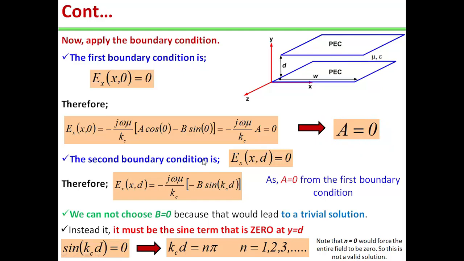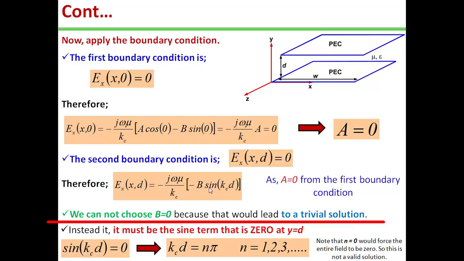Now we will apply the second boundary condition, for the top plate, which is placed at y = d. Putting Ex = 0 at y = d, where the electric field at the top plate will also be 0, and using the value of A, we have Ex = −jωμ/kc (−B sin(kc d)).